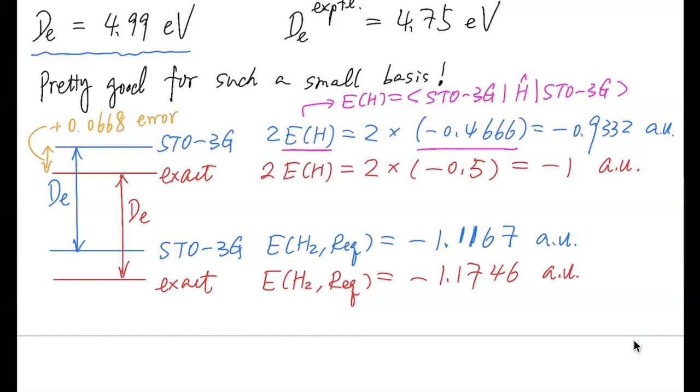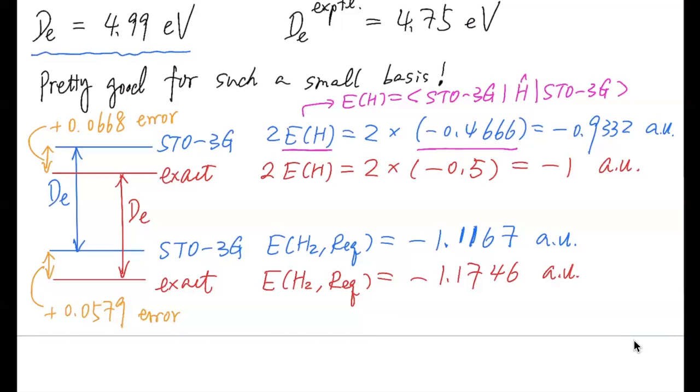Your calculation is higher than the exact answer by positive 0.0668 atomic unit. Okay, this is for the hydrogen atom. Let's look at the hydrogen molecule. Again, your approximated calculation is too high, and the error is positive 0.0579 atomic unit.